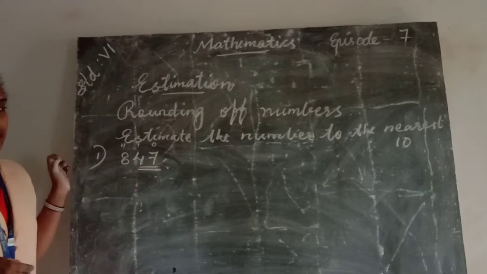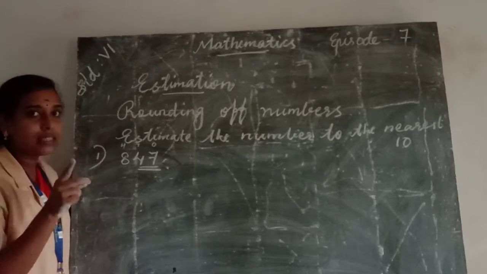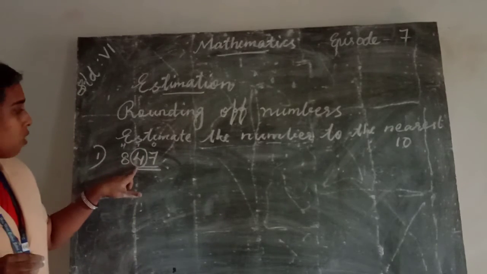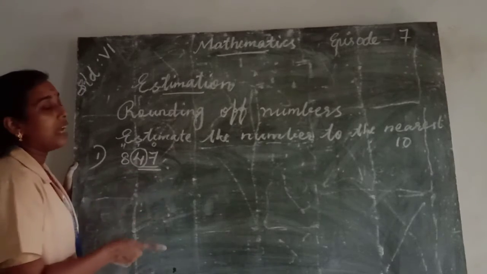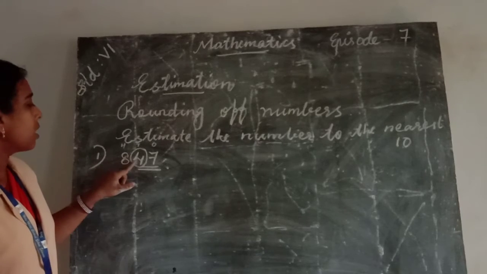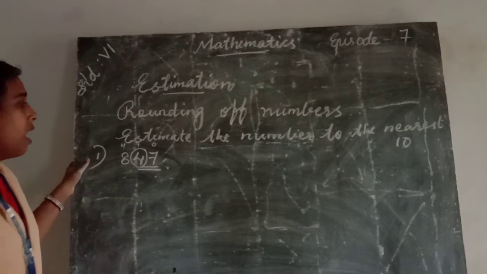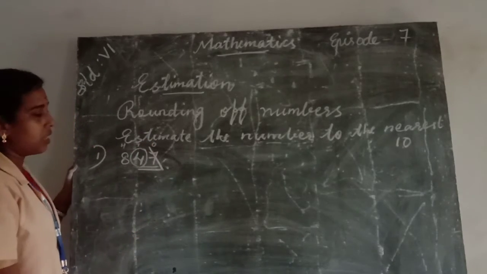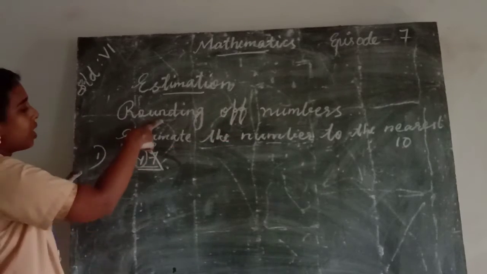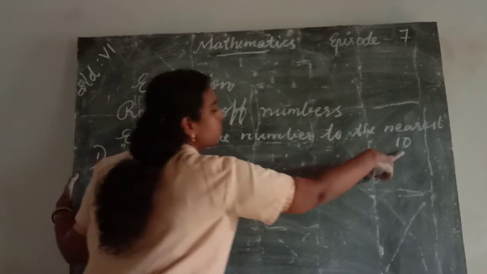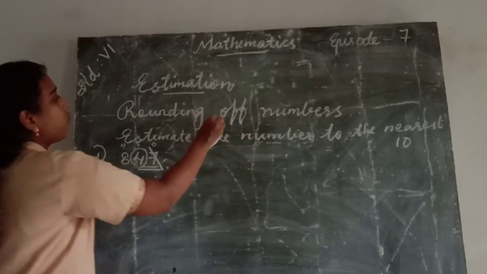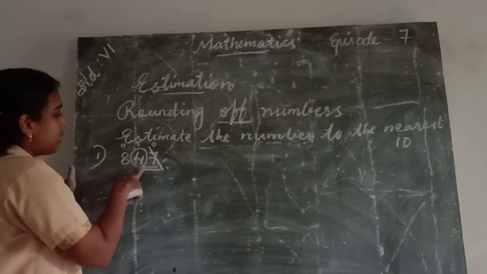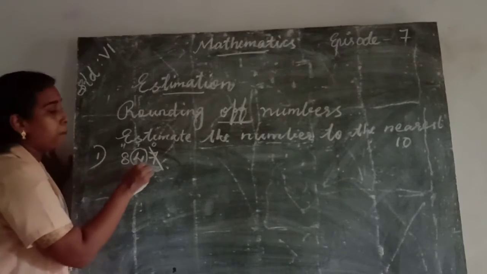We round the digit in the tens position because we want the nearest 10 of the number, and we drop the digit that comes before it. We look at the digit that comes just before the rounding digit.